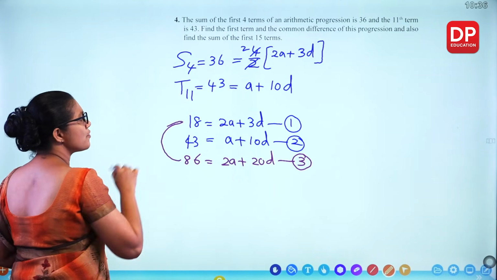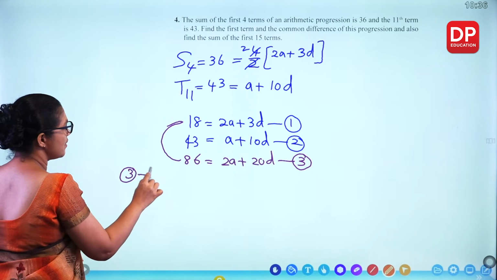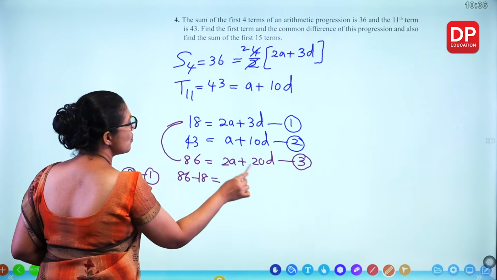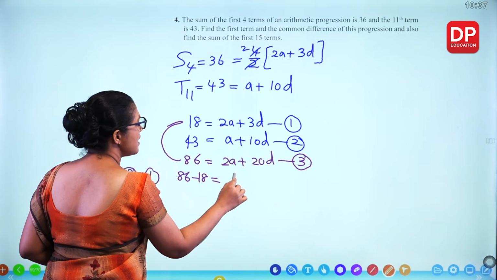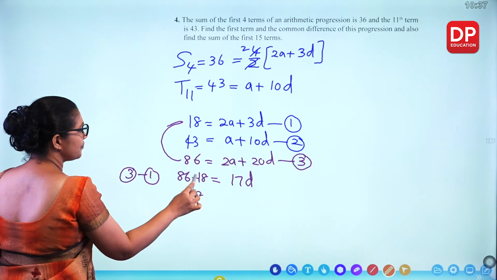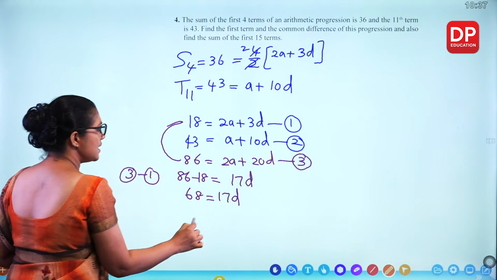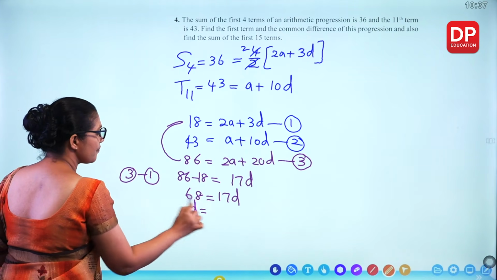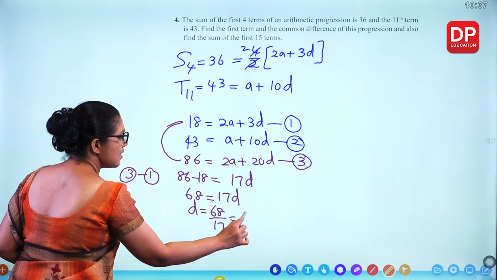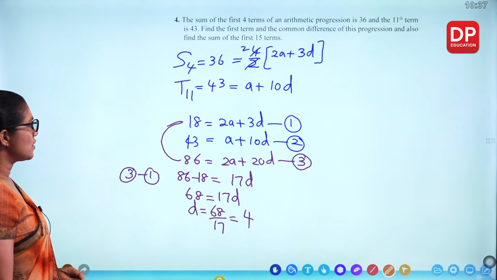Now I can subtract these two. 86 minus 18 is equal to 20 minus 3 is 17D. So what's this side? 68 equals 17D. So what is D? So 68 divided by 17, you get 4.